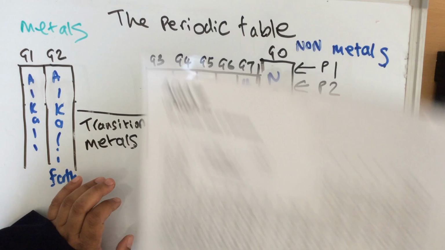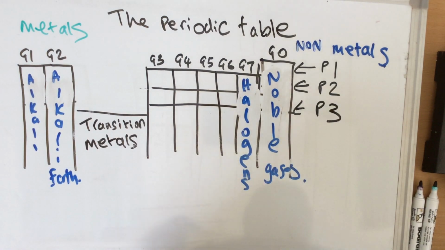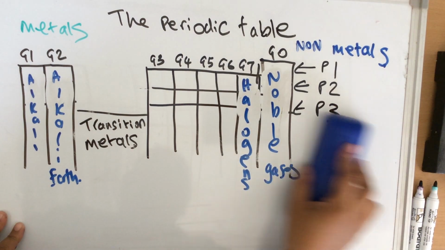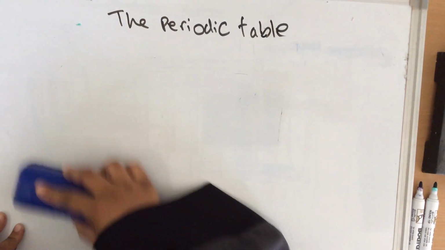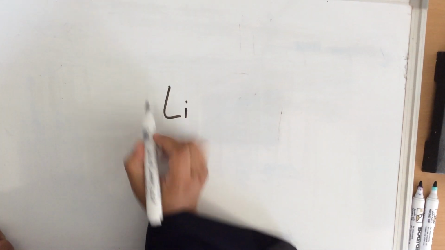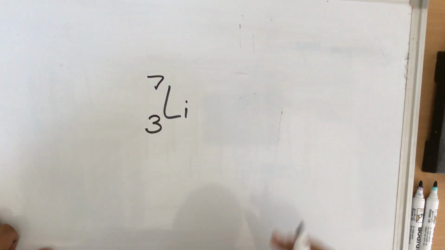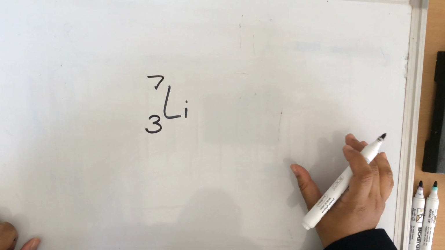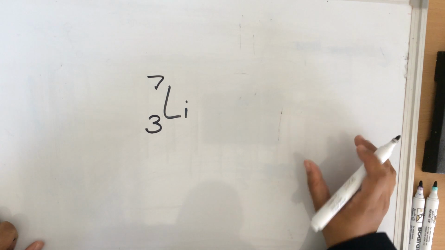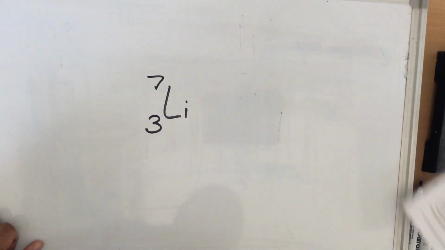So let's look at an element. We need to make sure we can identify and define what an element is. Let's take lithium, for example. With lithium, you'll see that there's a number on top and then there's a number at the bottom. The key to each periodic table differs, so the one that I'm going to show you is the AQA version.